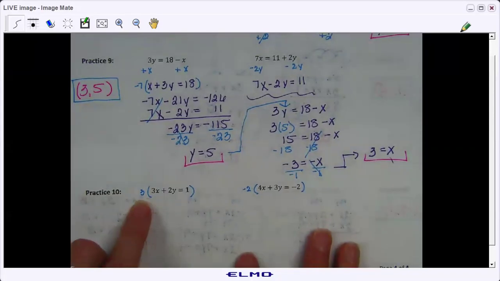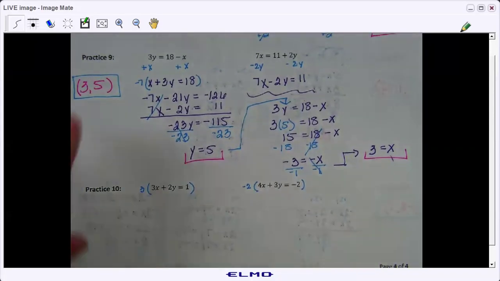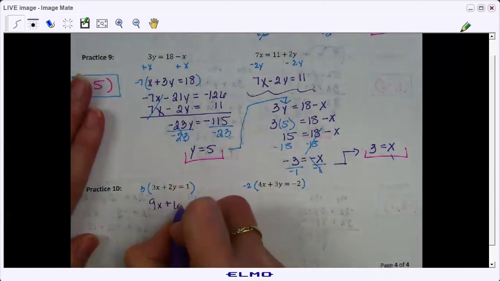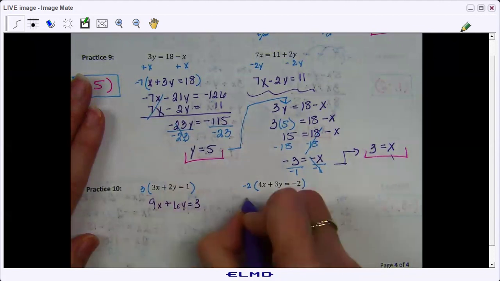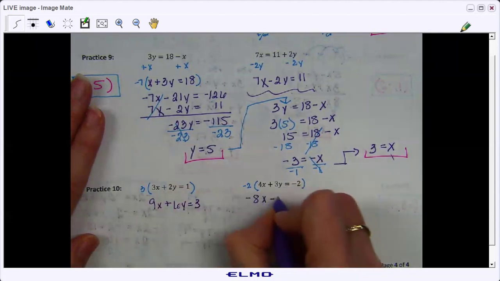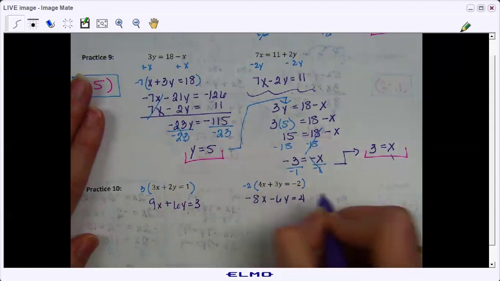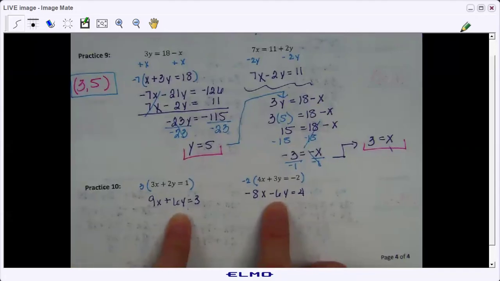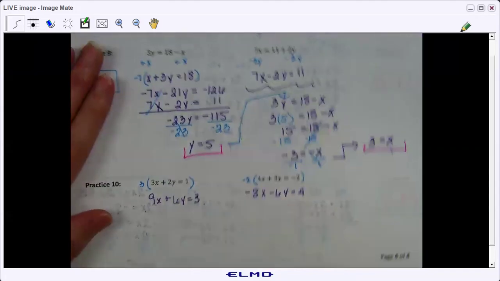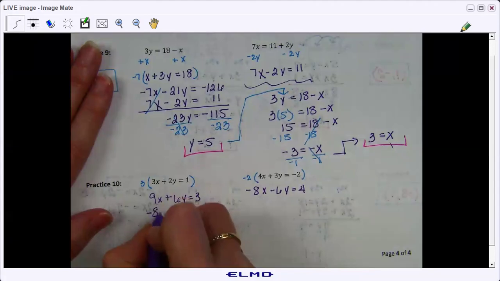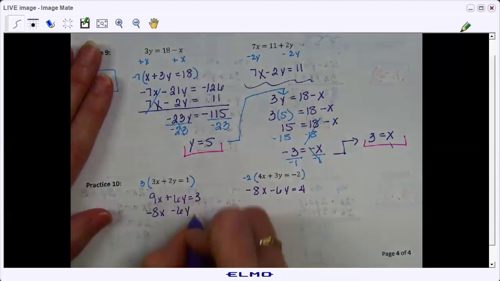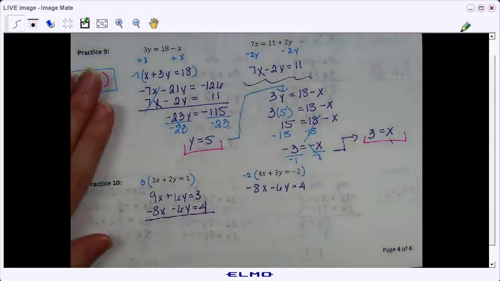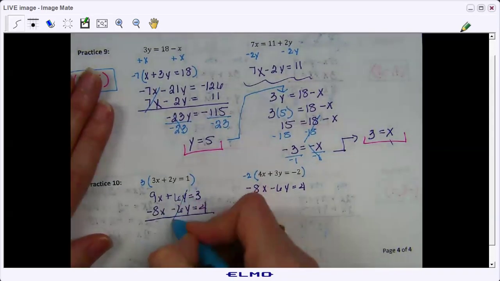You could multiply this one by a negative 3 and this one by a positive 2. Okay. Now, once we do that, I have a positive 6y and a negative 6y that I can cancel out. So I'm going to go ahead and stack those. Okay. And at this point, you should be able to go ahead and finish solving.